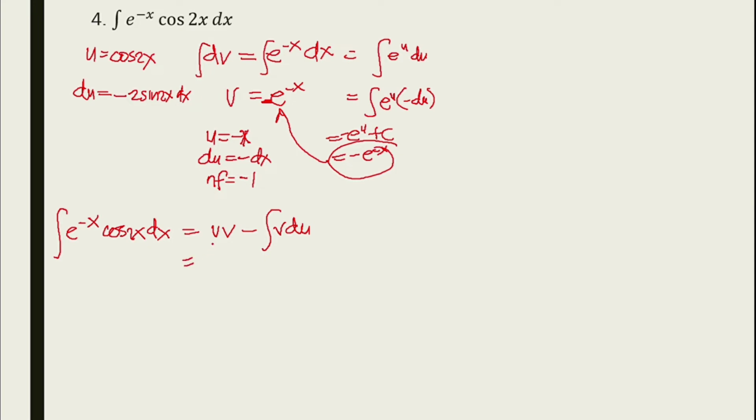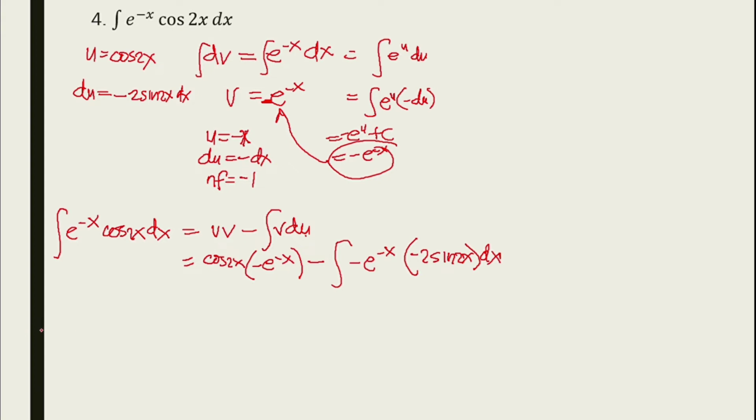Our u is cos 2x, our v is negative e raised to negative x, minus the integral of negative e raised to negative x times our du, which is negative 2 sine 2x dx. Alright, so this is it.